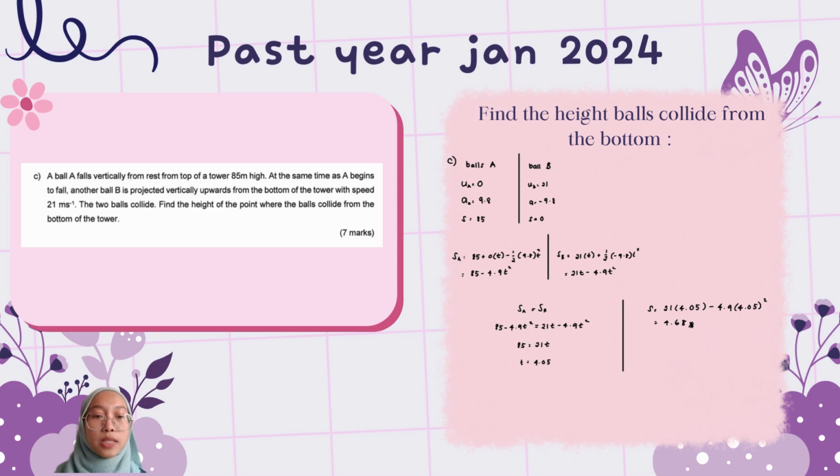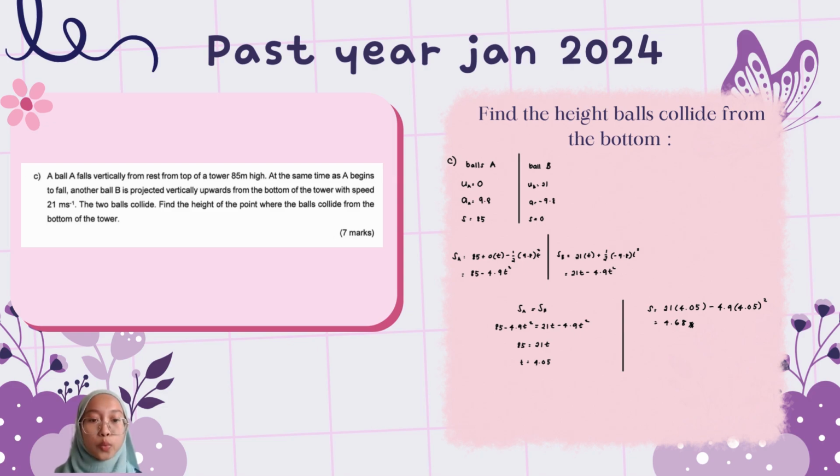So first we need to find the distance for both ball A and ball B. And then we will get the equations 85 minus 4.9t squared for ball A, and for ball B 21t minus 4.9t squared.